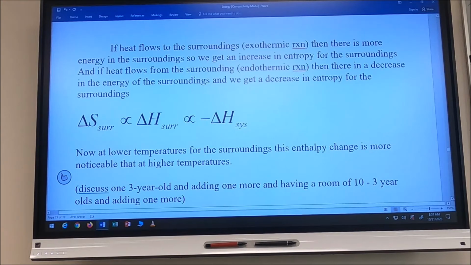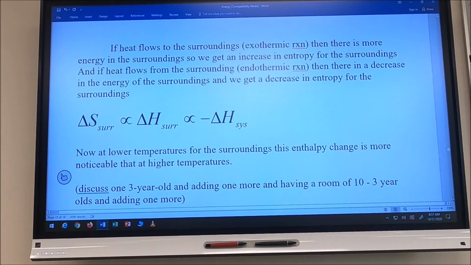So we can say that the change in entropy of the surroundings is proportional to the change in enthalpy of the surroundings, which makes it proportional to the negative of the change in enthalpy of the system.